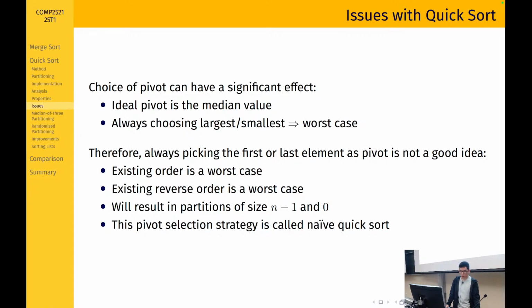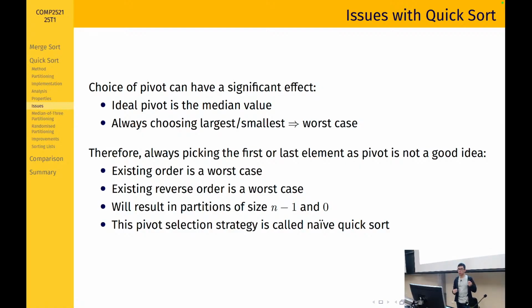But we talked about some of the issues with quicksort, where choosing a bad pivot can end up with quicksort being really inefficient. So we want to choose a good pivot, which is the median value.